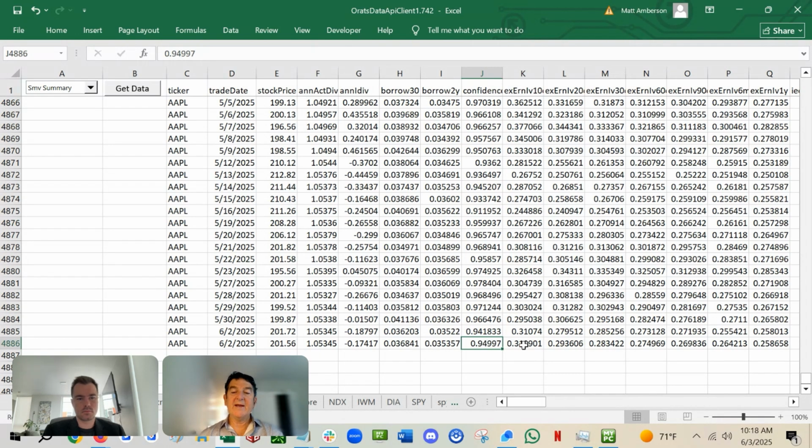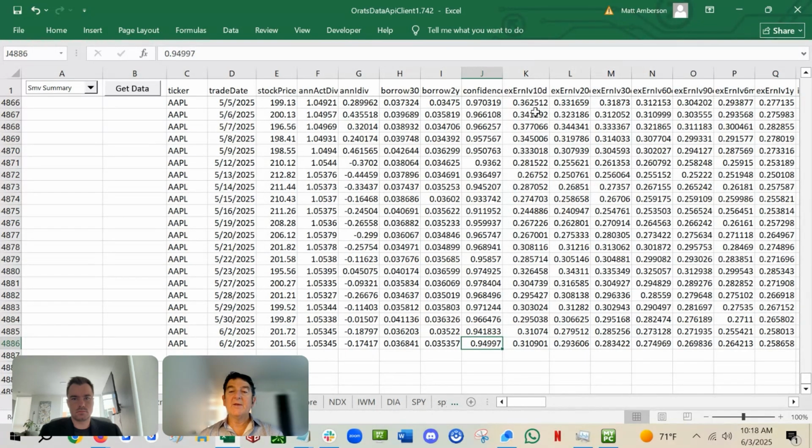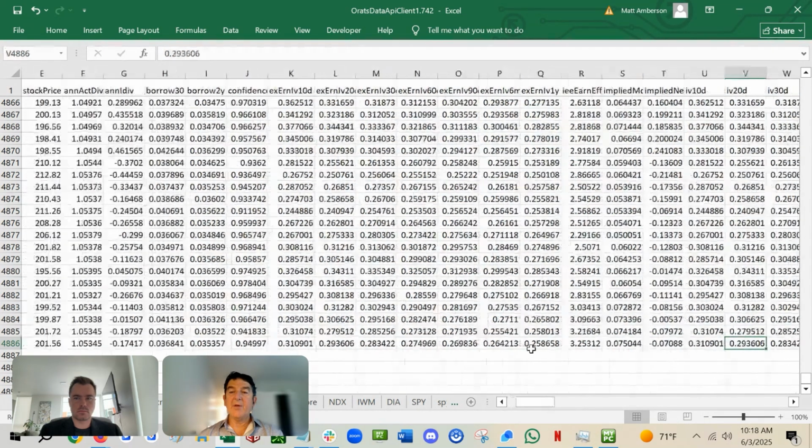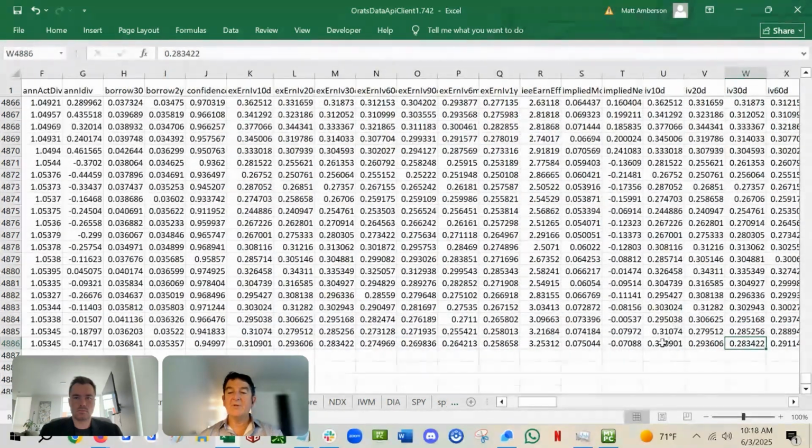Right now it's like 95% in Apple, and then we do X earnings 10-day implied volatility. So it's 31. And if there's no earnings in Apple, the actual 10-day will be the same, which is 31.0901. But I think Apple's earnings are probably 60 days out. Let's see. Yeah, there's one.